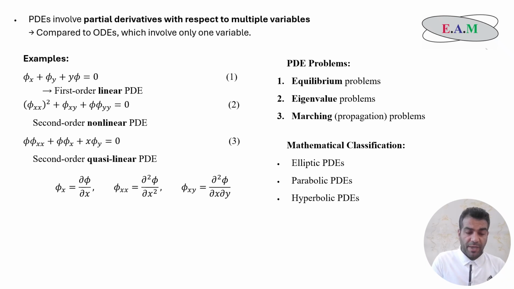Let me explain how to read the symbols. Phi x means the partial derivative of phi with respect to x. Phi xx is the second partial derivative with respect to x, and phi xy is the mixed partial derivative with respect to x and y.